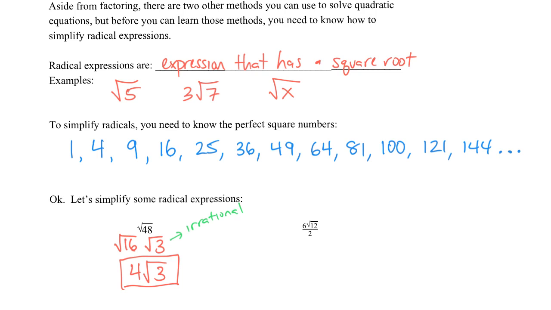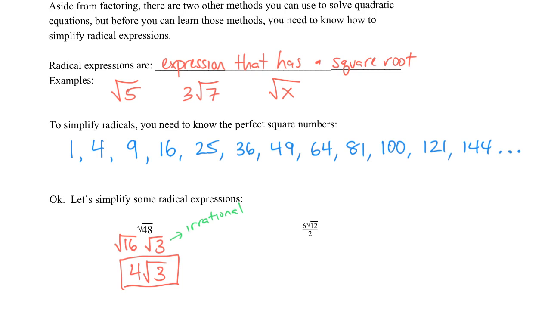You're going to get 6.92820, blah, blah, blah. So what I want to point out to you is that we simplified. We didn't change it. 4 radical 3 is the same thing as radical 48. It's just simplified. The same way that 5/10 is the same thing as 1/2.